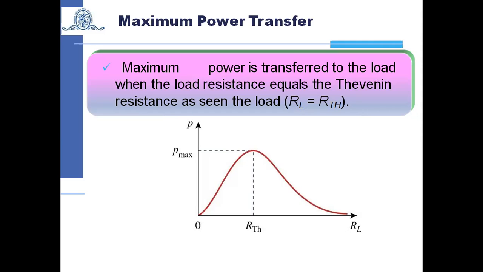So if we have any DC network which consists of only a DC source and impedances, it means resistances, so there is no reactive element like inductor and capacitor present, only an energy source and resistance.